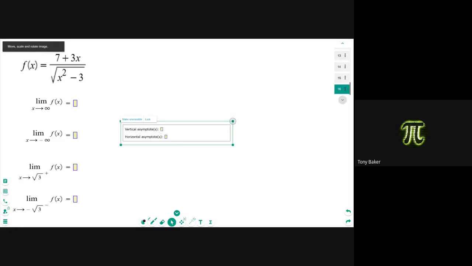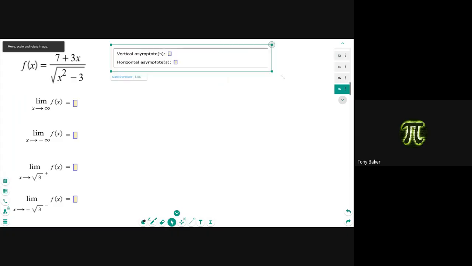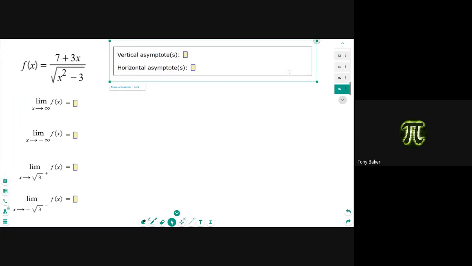And then I want you to identify any vertical asymptotes and horizontal asymptotes. All right, so find me my limits for each of those.